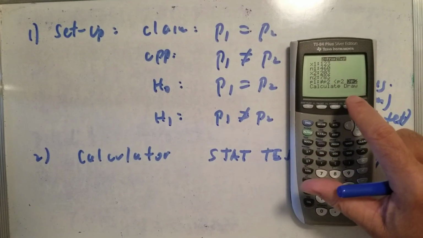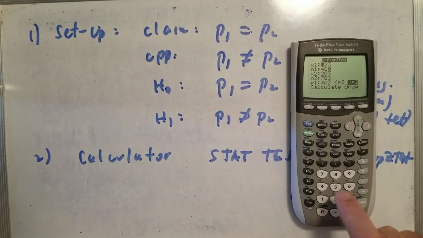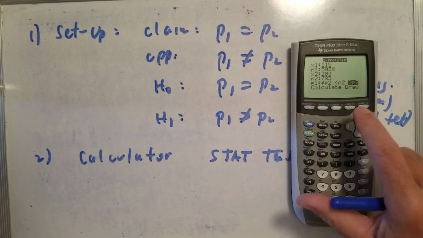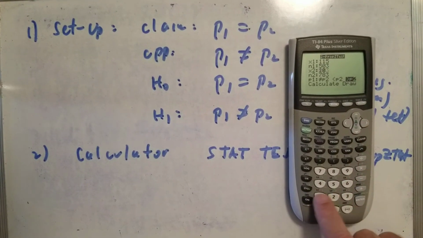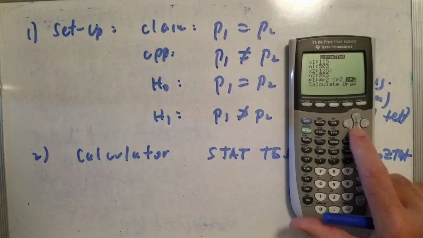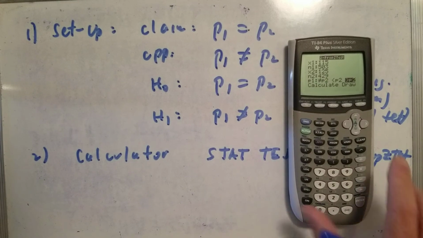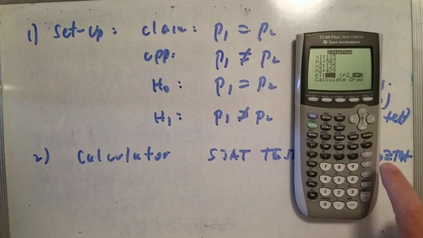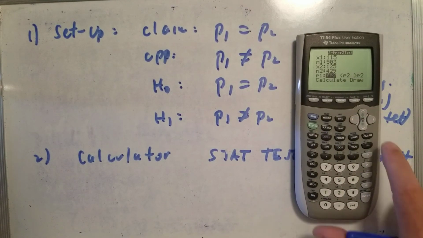Again, the x1 and n1 is the proportion from P1, the Bigfoot. The Bigfoot was 115 out of 503. The x2 and n2 are the proportion from the UFOs, which is 125 out of 429. I'm going to match the form of the alternate hypothesis, which is not equal. So I'm going to get the not equal one highlighted and hit enter.